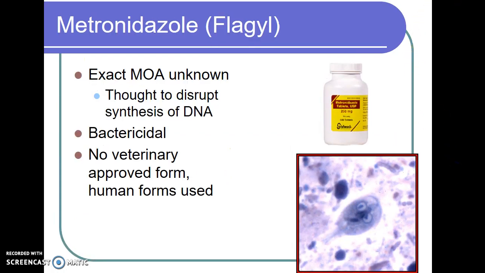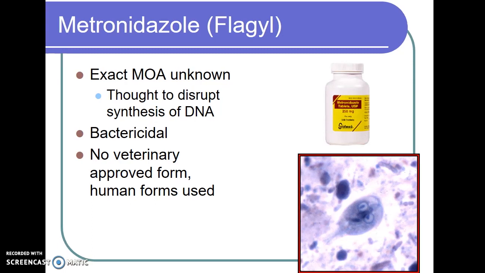And metronidazole, we did touch on it in the GI tract drugs. This one is used a lot for this critter right here, which hopefully you recognize. That's Giardia. We don't know exactly how metronidazole works, but it's thought to disrupt synthesis of DNA through a metabolite.